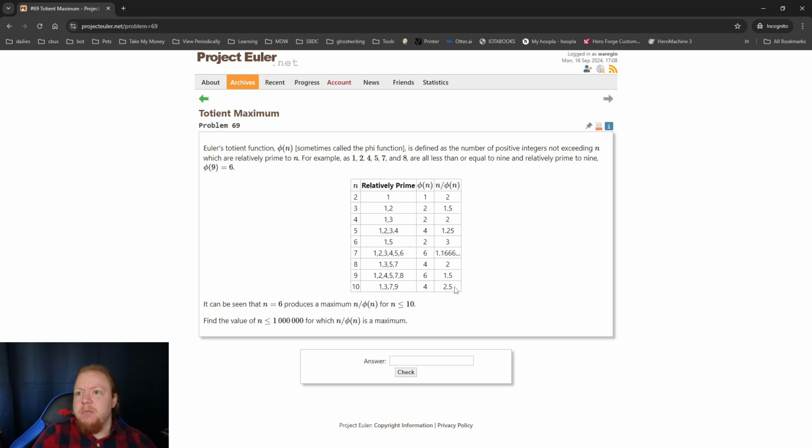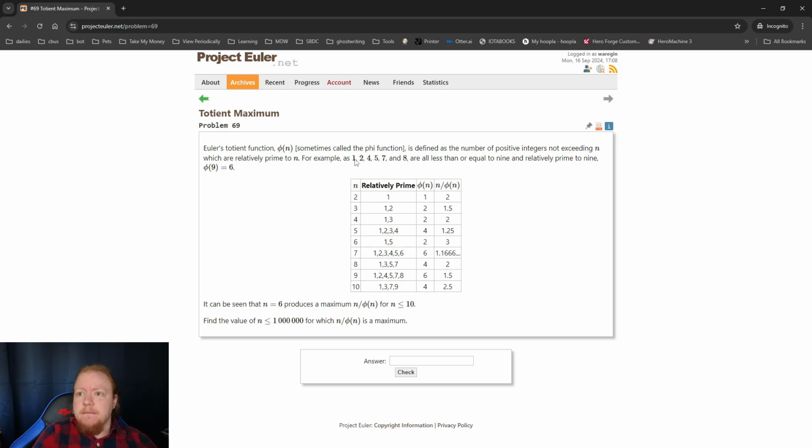So the naive approach would be to go through literally all of the numbers and find all of the relatively prime factors and calculate out each n divided by phi of n. But there's no way to do that, at least not that I'm aware of, that does not exceed our minute-long time limit. I spent quite a while on that.